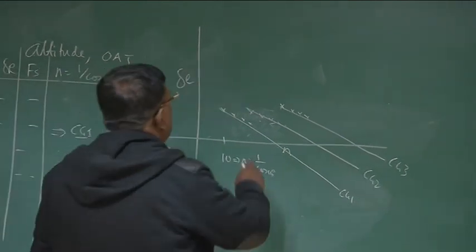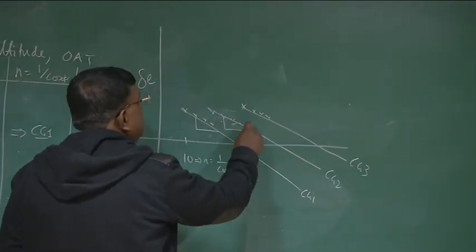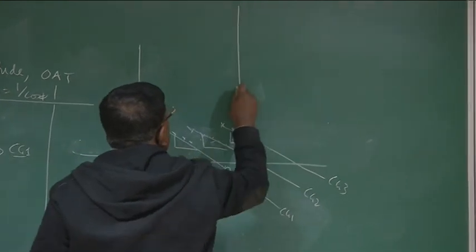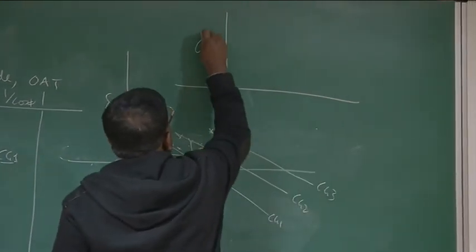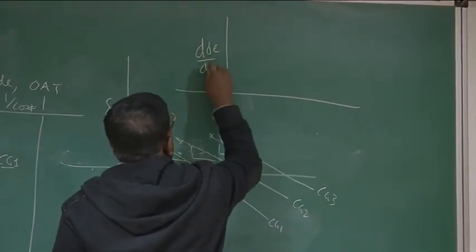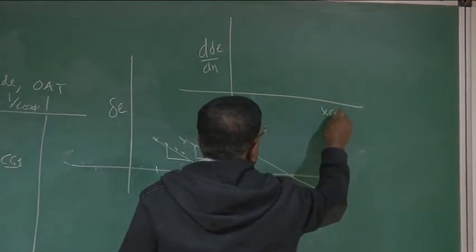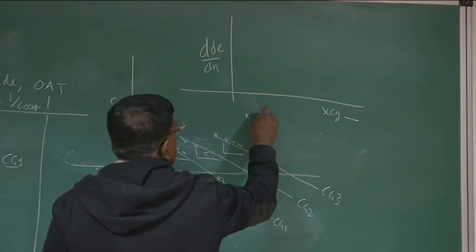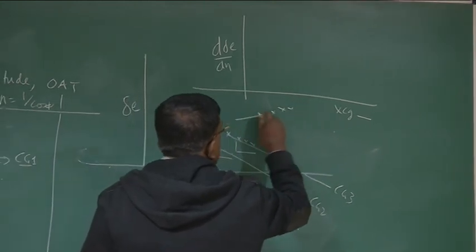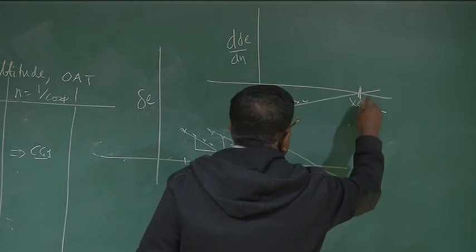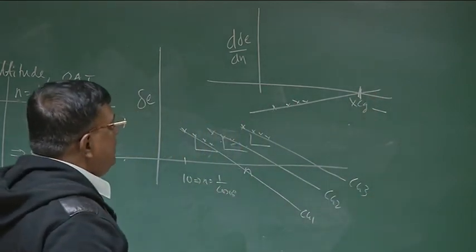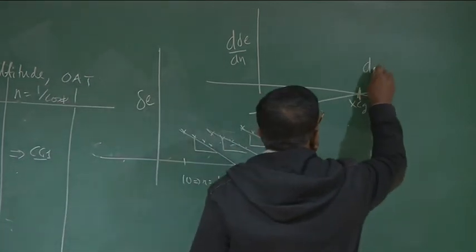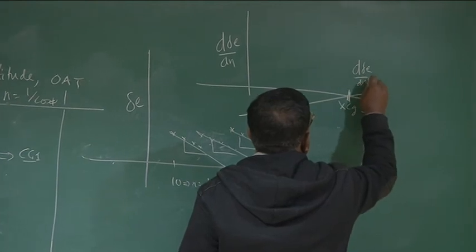Then what I do? I again take the slope, and then I write d delta E by dn versus xCG. So this slope I put here, another slope, so I join them. So this is the CG location at which d delta E by dn equal to 0.